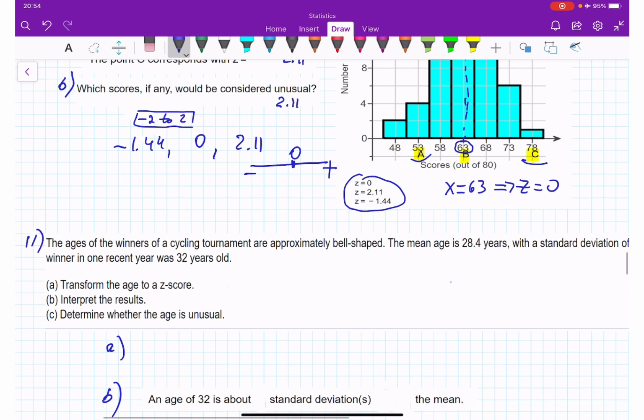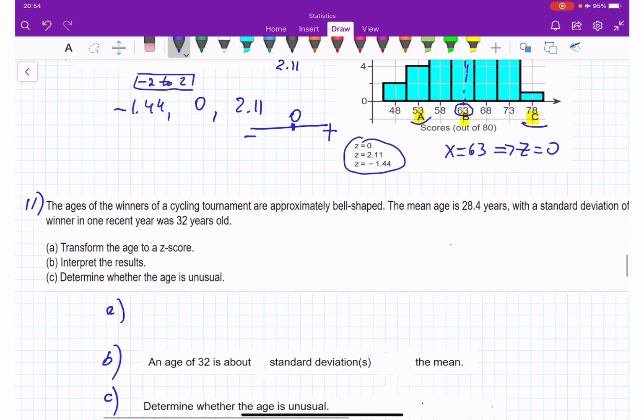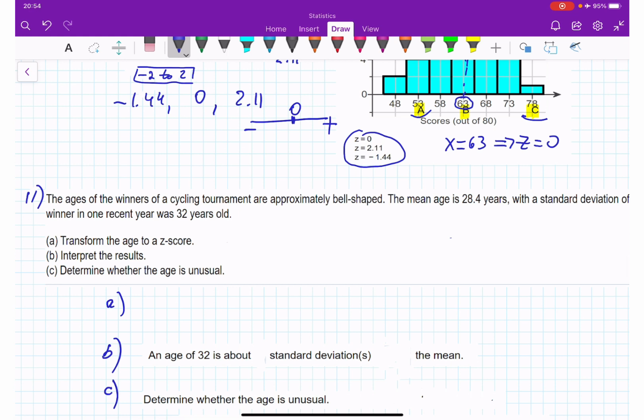The ages of the winners of a cycling tournament are approximately bell-shaped. Bell-shaped meaning like this, symmetric. The mean age is 28.4 years. Mean age, mu, is 28.4.